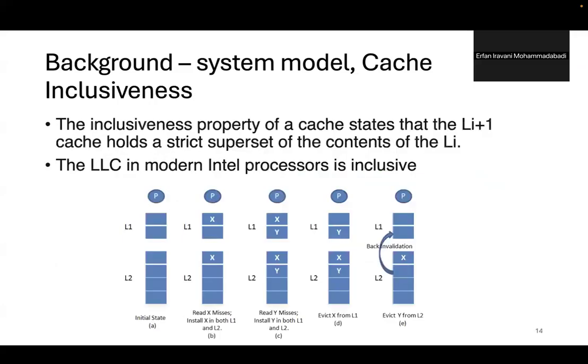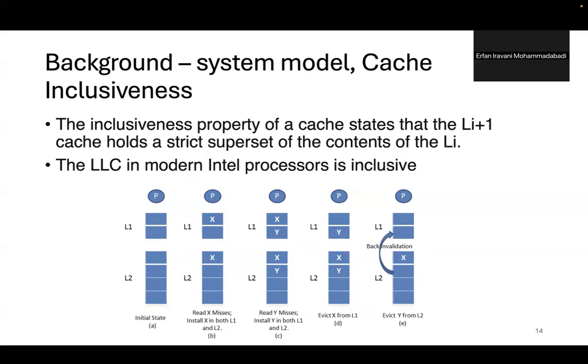Okay, in this slide, we'll discuss the concept of cache inclusiveness, which determines how data is shared between different levels of cache. The inclusiveness property of a cache states that the higher-level cache holds a strict superset of the contents of the lower-level cache.